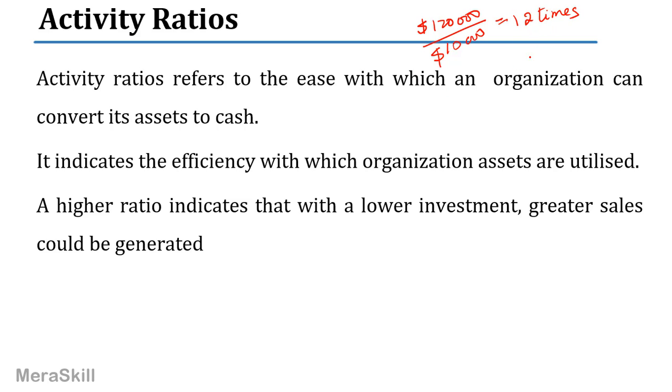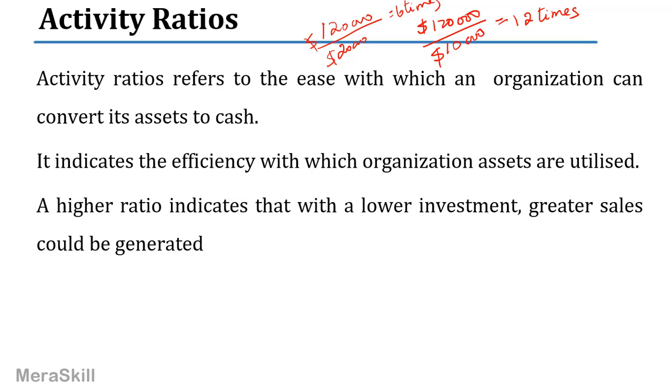Are you following? Now suppose I generated $120,000 of sales by putting in $20,000. What would it mean? It would mean that the turnover is 6 times. Which do you think is better?